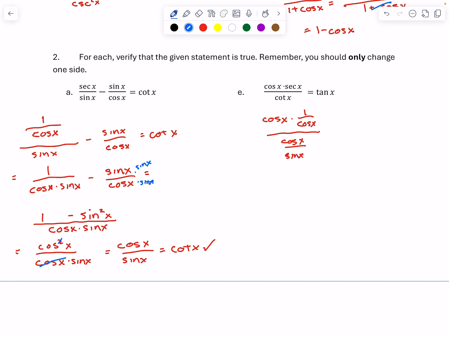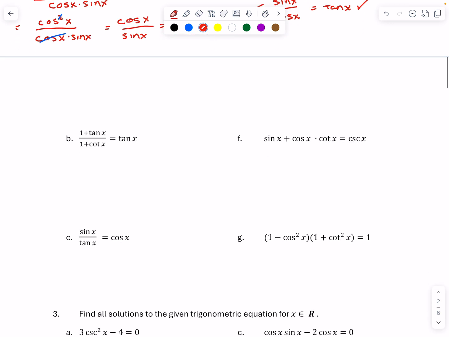So these cosines can cancel, and you'll have 1 over cosine over sine. Or you could have left it as cotangent, because 1 over cotangent is tangent. Keep, change, flip if you want to do it this way. Okay. Oh, a few more.